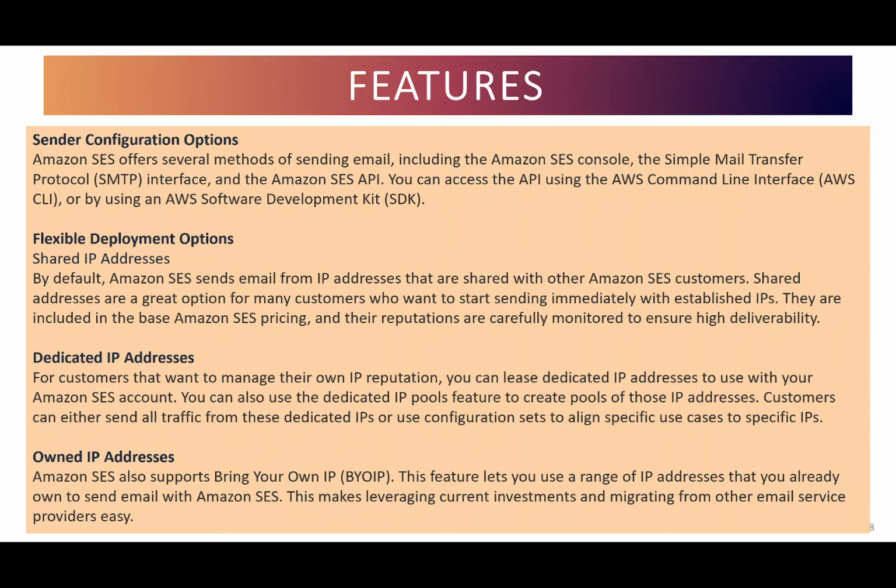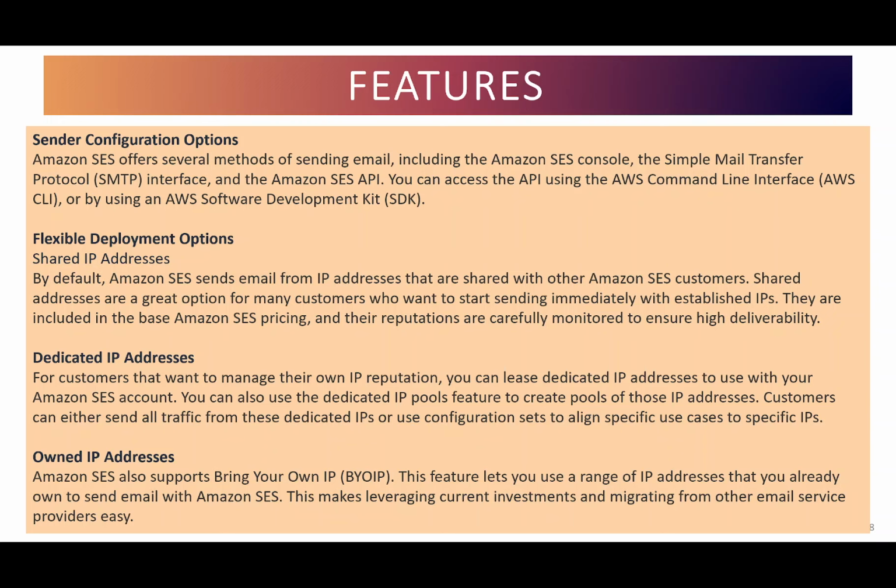Third one, dedicated IP addresses. For customers who want to manage their own IP reputation, you can lease dedicated IP addresses to use with your Amazon SES account. That will be your own.